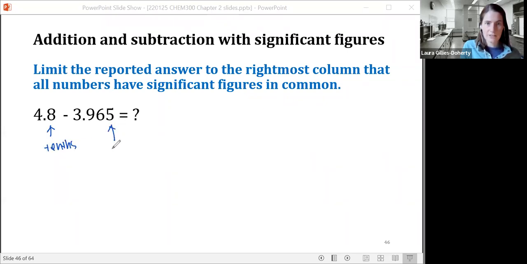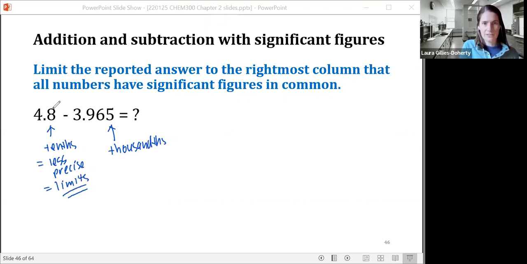And here this number ends in the thousandths. Tenths is less precise. And that means that's going to limit. It's the least amount to the right. This one goes 3 digits to the right of the decimal point. This one only goes 1 digit to the right. So the final answer is going to be limited to 1 digit to the right of the decimal point.